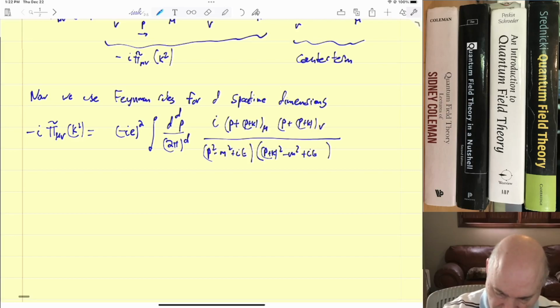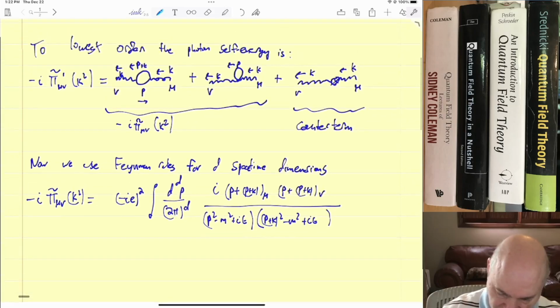So that takes care of this diagram over here.